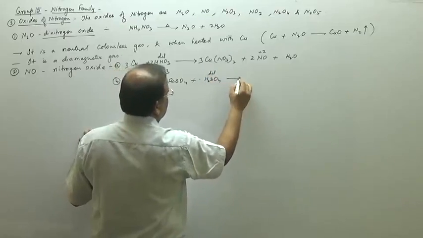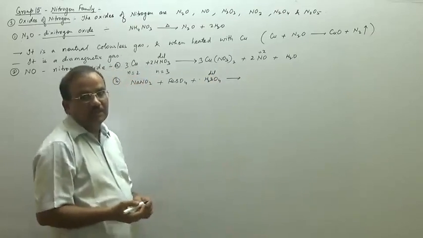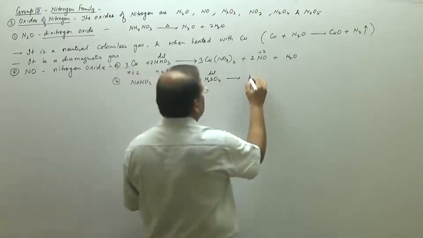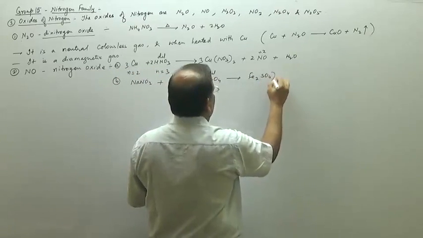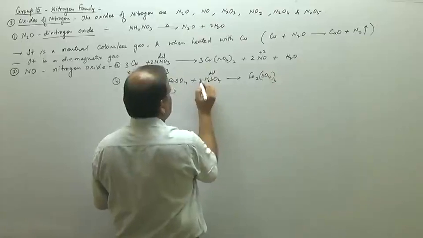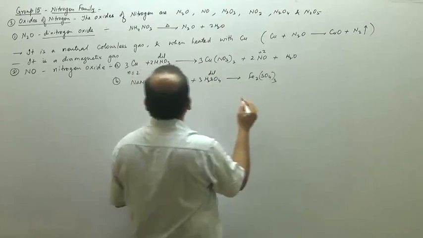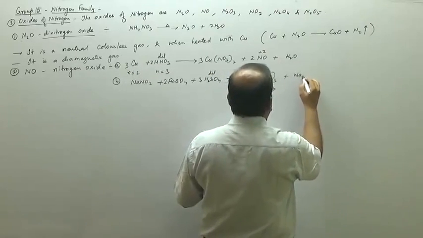Then in that case also we get Fe2(SO4)3, twice of this, then thrice of this, plus Na2SO4.